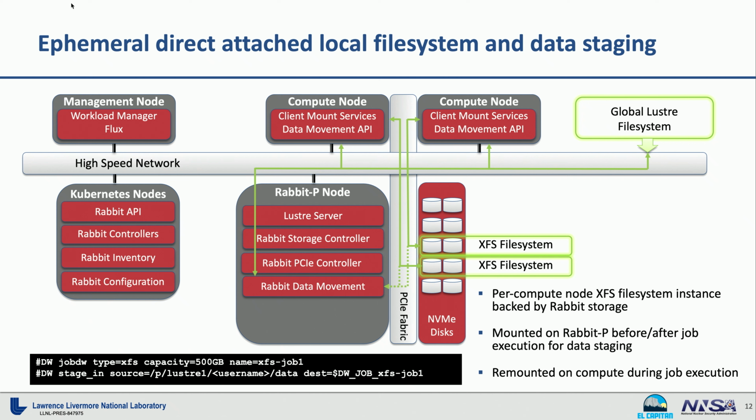In addition to the Lustre use case, as I mentioned, the storage can also be provided or made accessible to the compute nodes directly. In our case, what we'll do is format that with XFS.